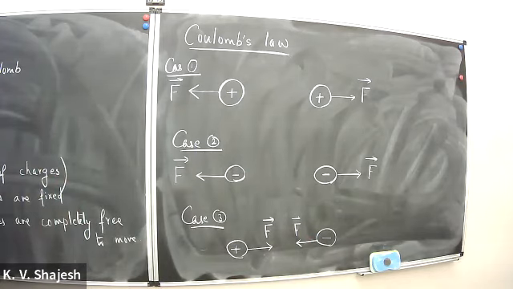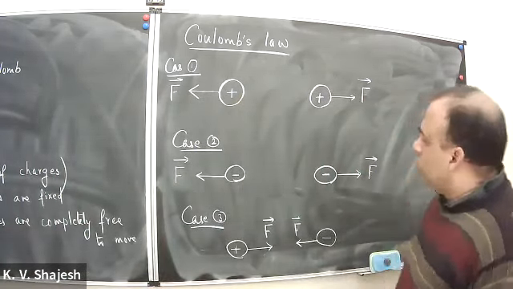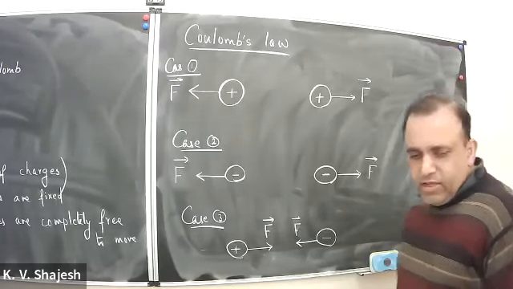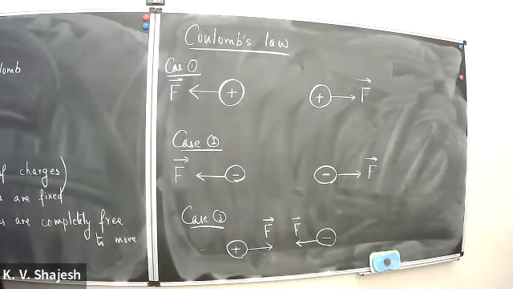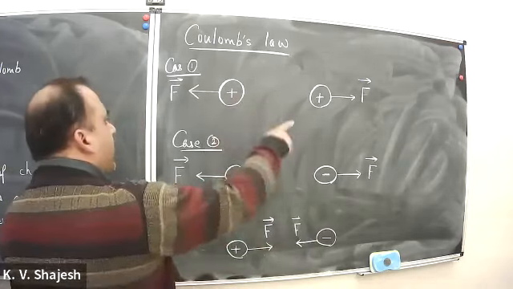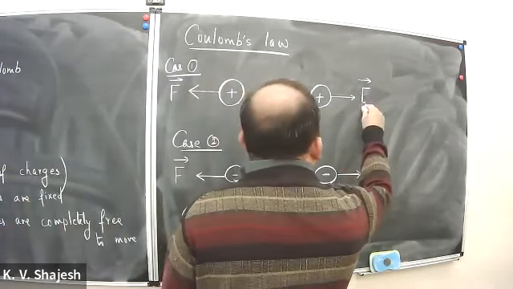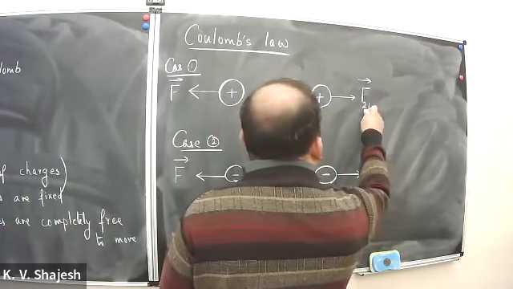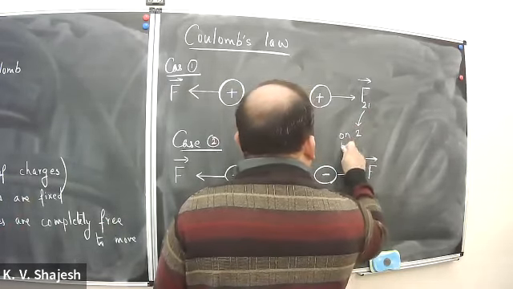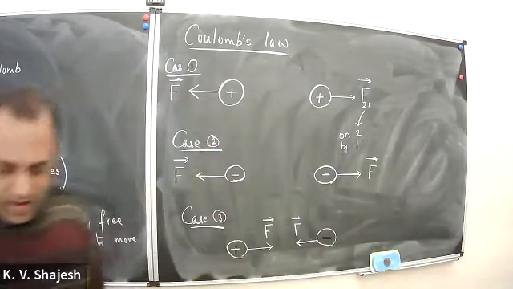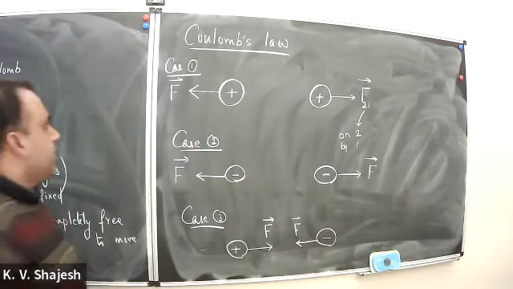We would like to know now what the force acting on this is. What exactly is the equation, or what exactly governs this force? So let's say this is 1 and that's 2. So this is the force on 2 by 1. That's a notation I've created: on charge 2 by charge 1.